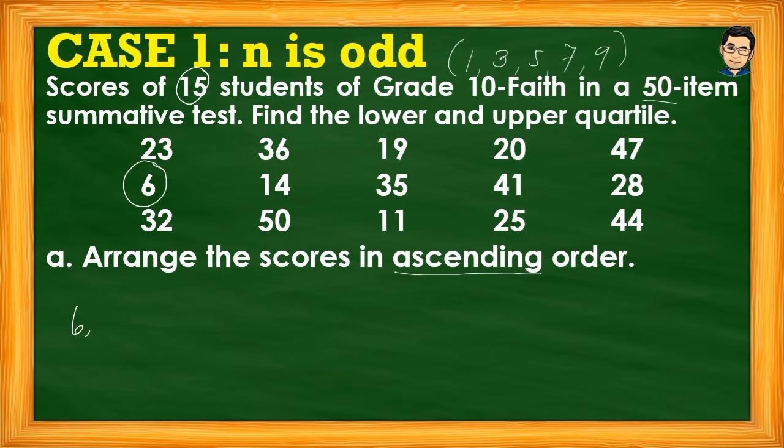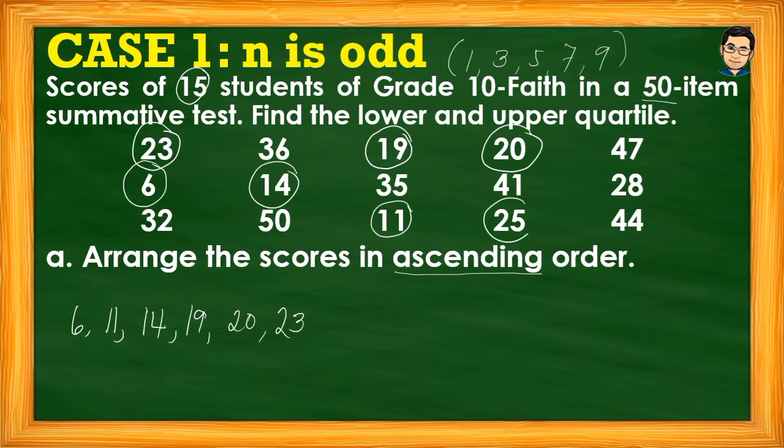After 6, the next score will be 11. After that, 14. After 14, we have 19. Then the next is 20. After that, we have 23.